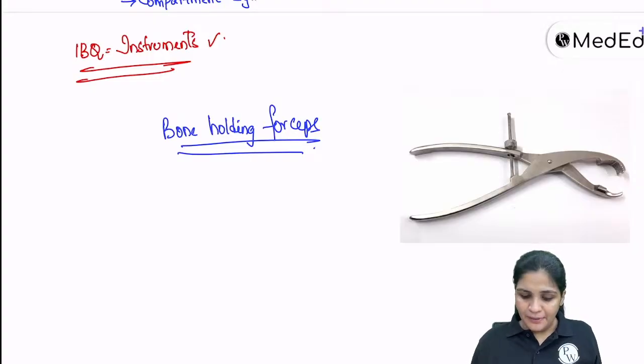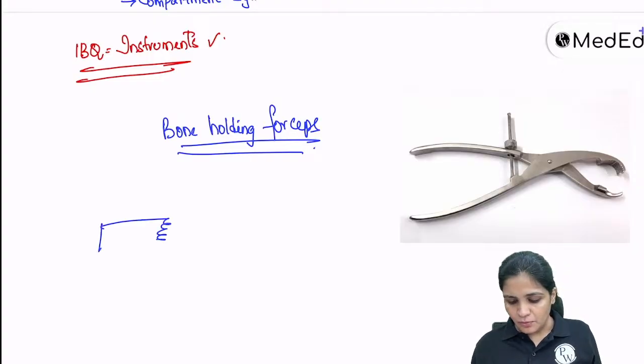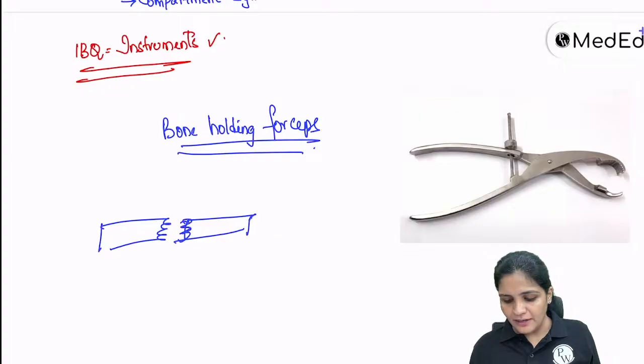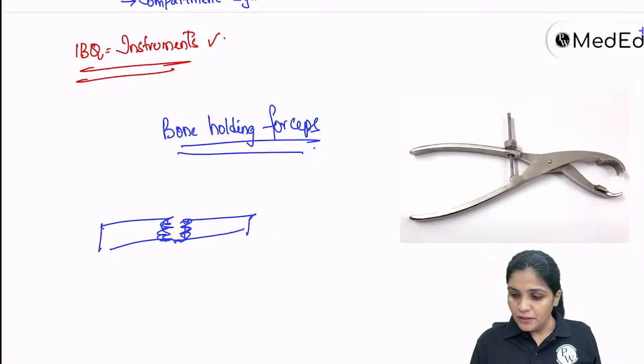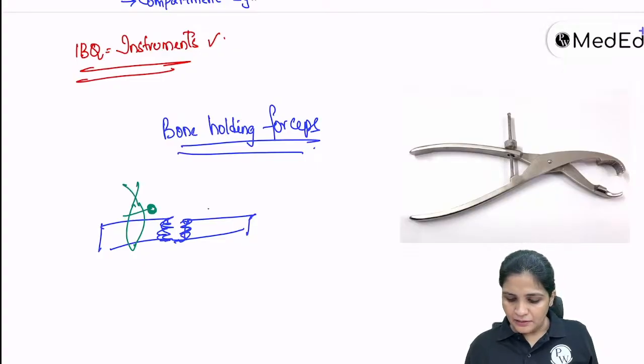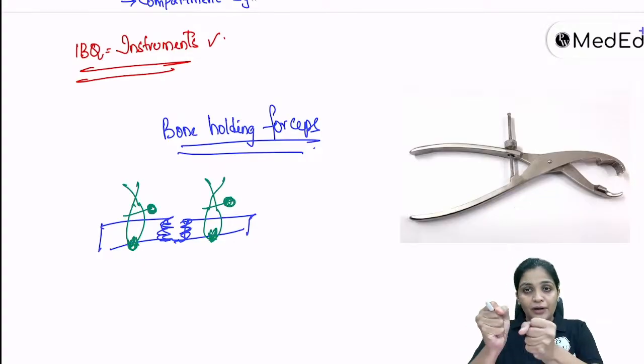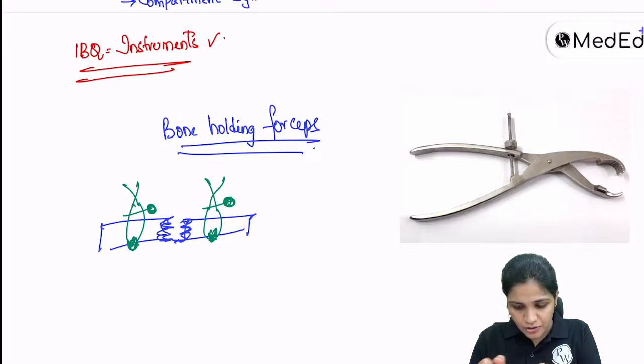For example, if this is a big bone and it has been fractured, you put one bone holding forceps here and another there. These serrations will hold the bone, and now you try to reduce it. Once you reduce the bone, you put the plate over it.